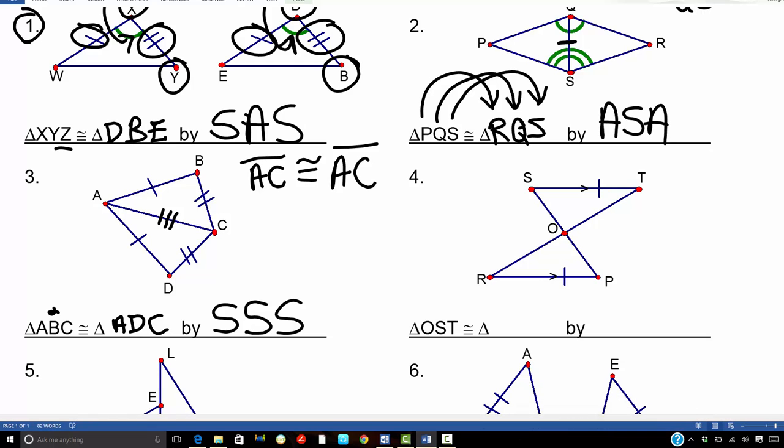All right, and then number 4, we've got 2 parallel lines right here. Remember, that's what that symbol means, those little arrows right there. It means those 2 lines are parallel, and they are being cut by a transversal right there. So from our last chapter of study, we know that this angle is congruent to this angle because they're alternate interior angles.